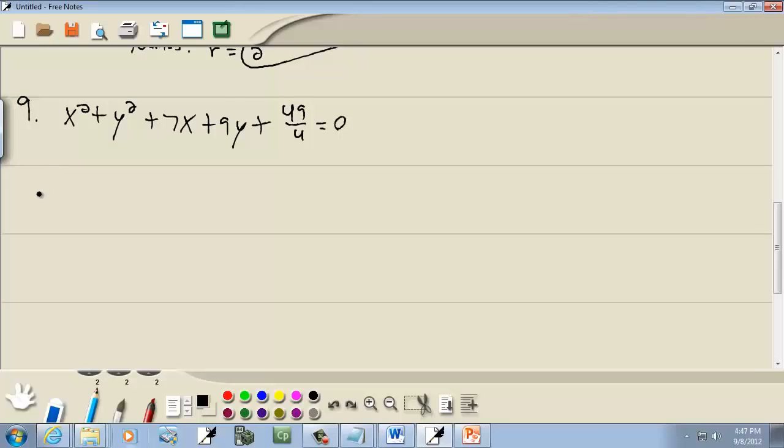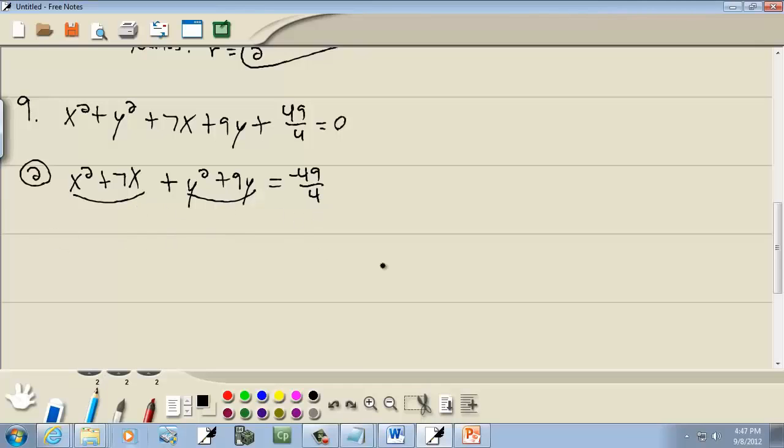That's divide everything by the number in front of your x squared. Step 2, group the x's together. So I got x squared plus 7x. Group the y's together. So I got y squared plus 9y. And take the constant term over to the right side. So then it becomes -49 over 4.